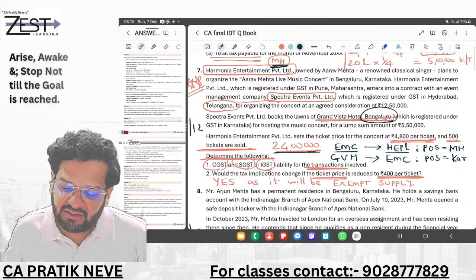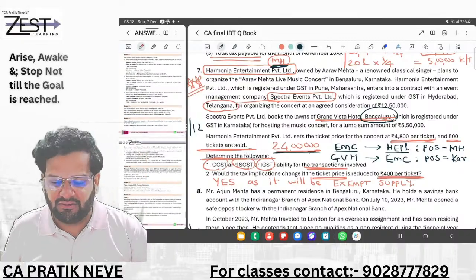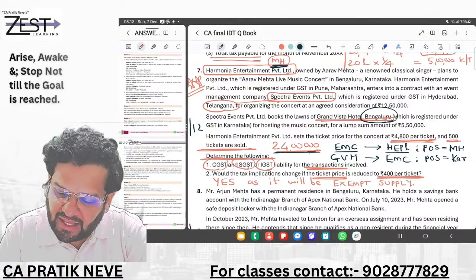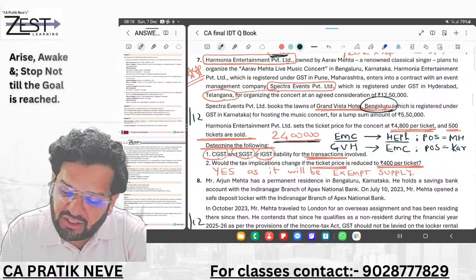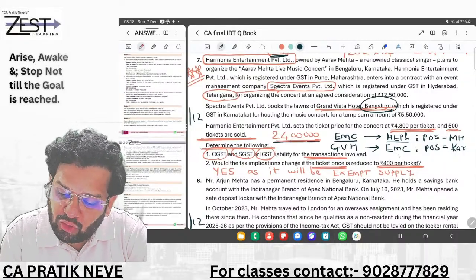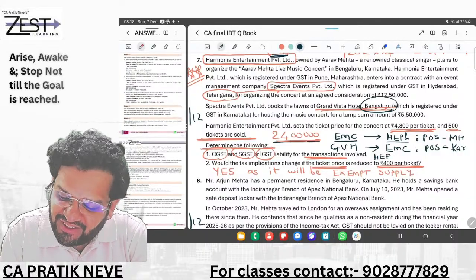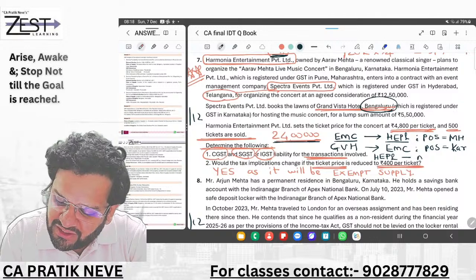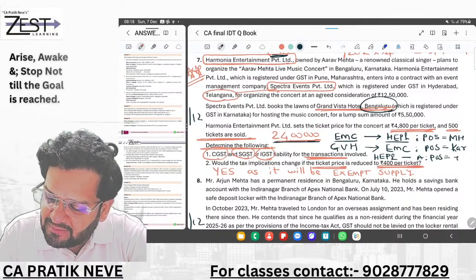In this case, the event is held in Bangalore. So place of supply will be Bangalore for the sale of tickets. This service is given by Harmonia Entertainment Private Limited to various audience members. For that, place of supply is again Karnataka.